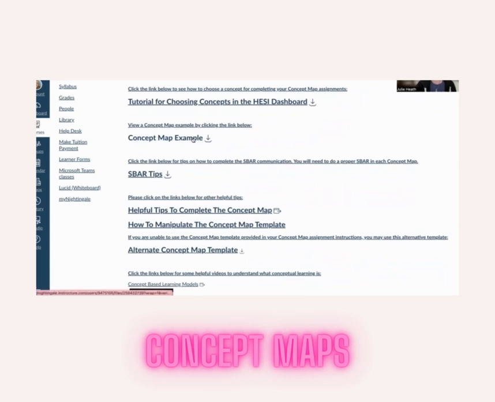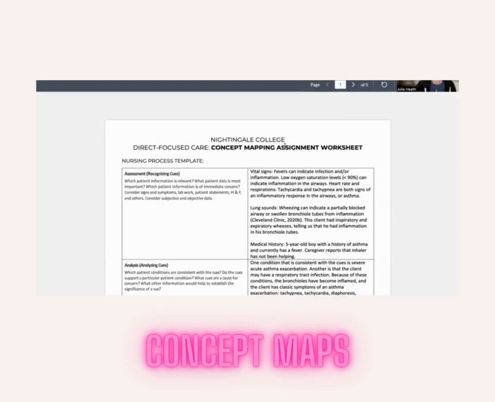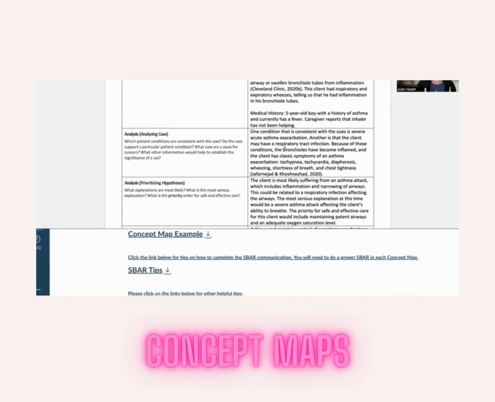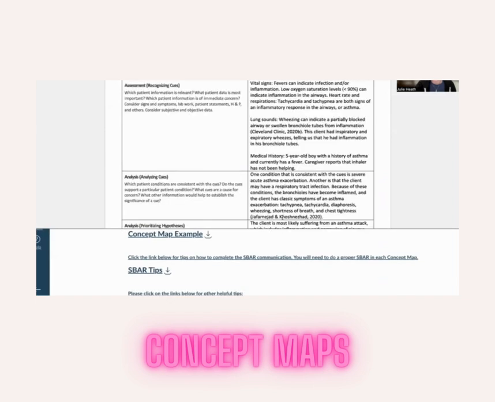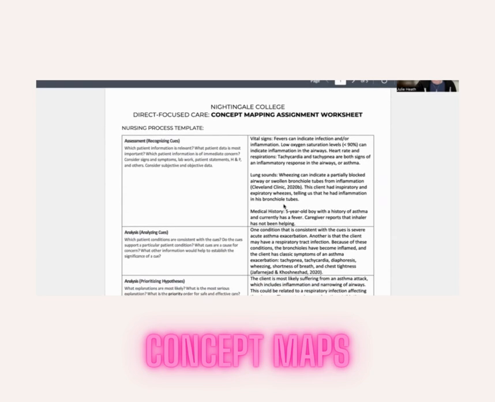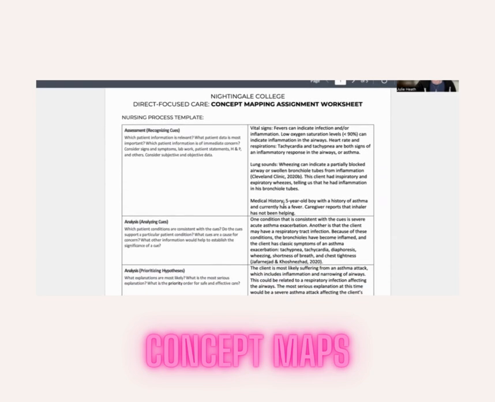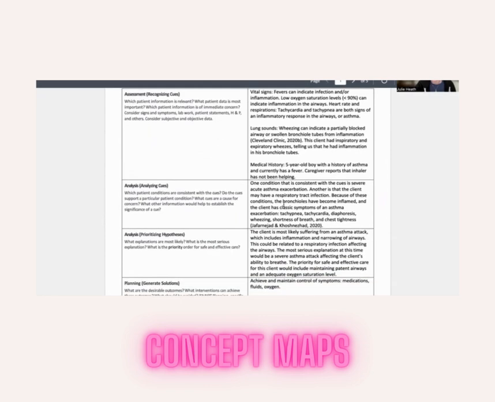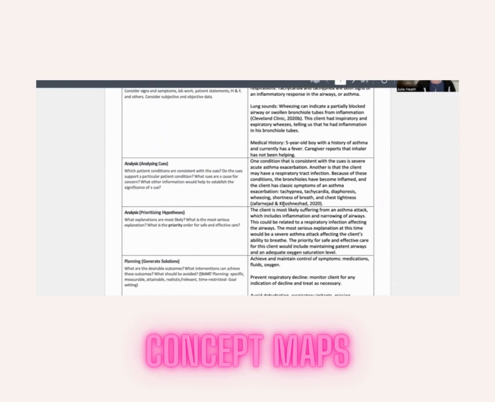You can find it, and I'll show you how I normally find mine. This is the concept map example, which I have up. This is the other format of concept map. This is the original format. Sorry, I went up too far. This is the original format. This is a PDF document, and it, in my opinion, is harder to manipulate than the Word document.